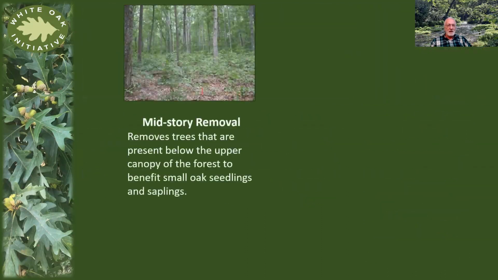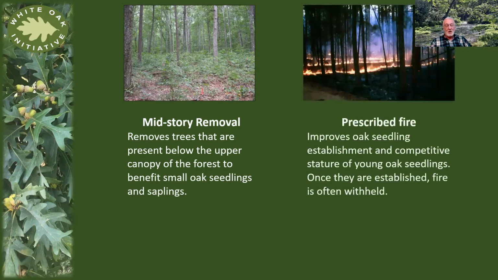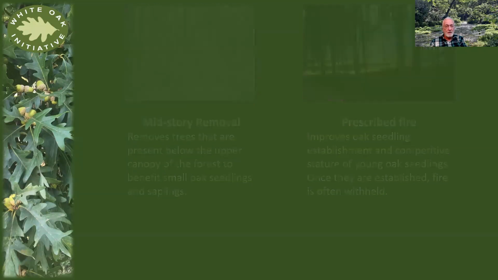We can also look at mid-story removal, removing those trees that are present below the upper canopy of the forest to benefit those small oak seedlings and saplings. We can introduce fire to remove some of the more fire-sensitive species that compete with our oak and hickory forest.